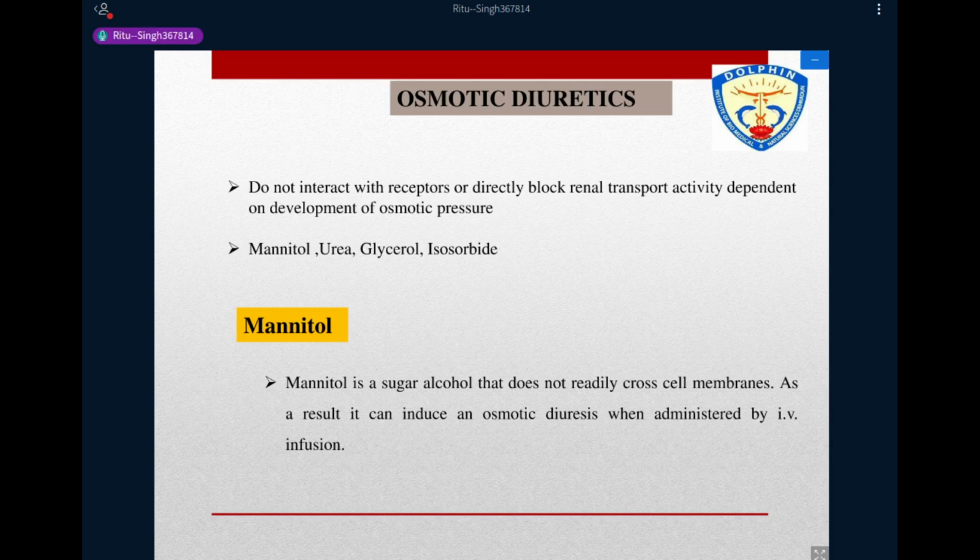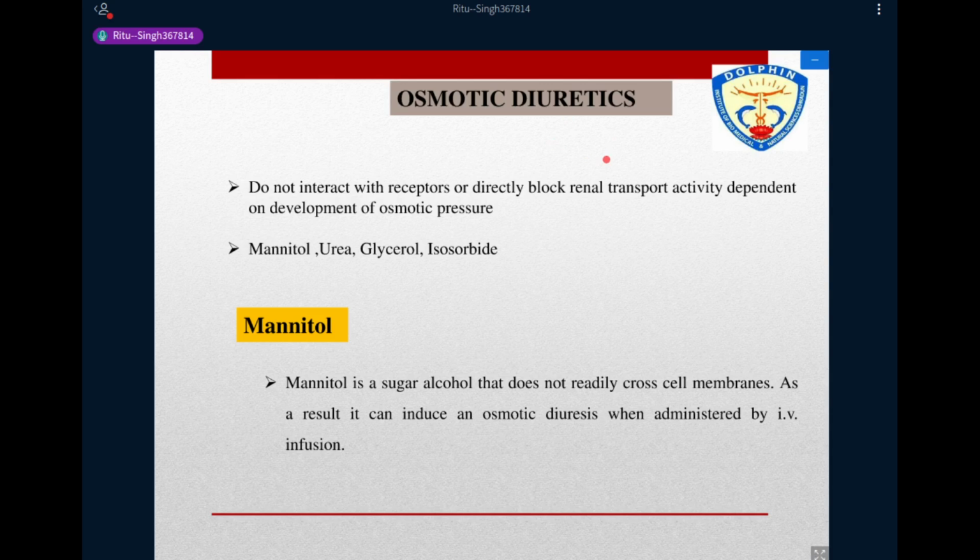Now we discuss the next drug, that is osmotic diuretic. Osmotic diuretic drugs are readily filtered by the glomerulus without being reabsorbed by the renal tubule.